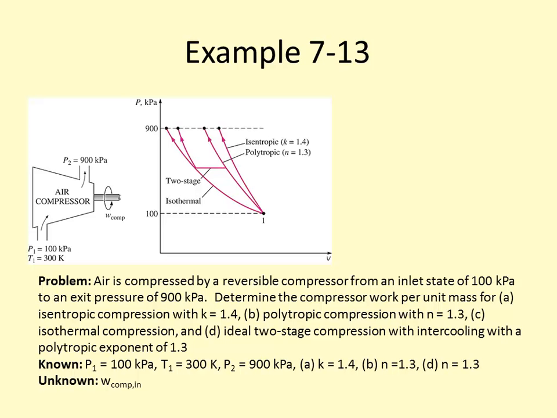For part C, the isothermal case, the equation changes. So n now is equal to 1. When we perform the integration to develop these equations, we now get RT natural log of P2 over P1.